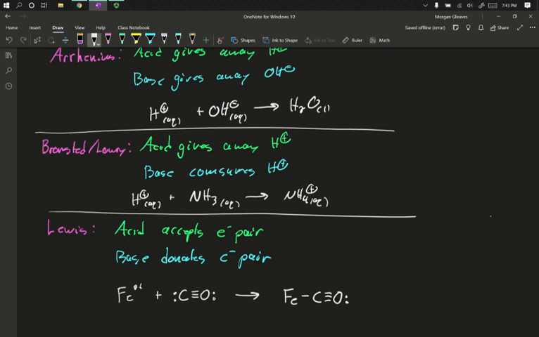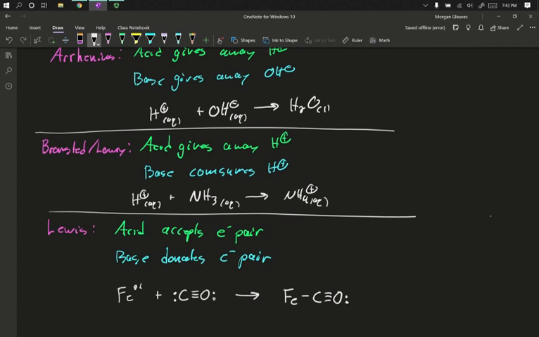Iron can accept the electrons in the lone pair from the carbon on carbon monoxide to form a bond. And this is part of why carbon monoxide is dangerous if you breathe it. It binds to the iron in your hemoglobins, blocking up oxygen binding sites, where oxygen would like to be a Lewis base, and as a result, the oxygen doesn't get transported through your blood. This is more important in coordination chemistry, and so our definitions will mostly stay with Bronsted-Lowry.